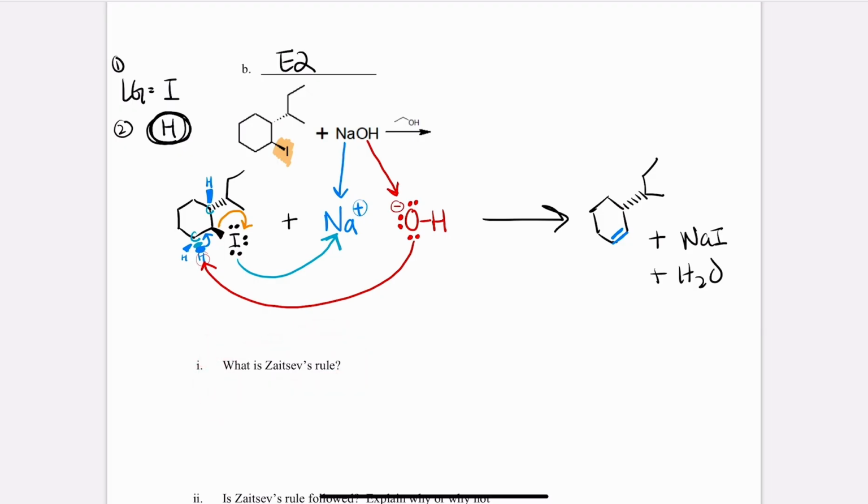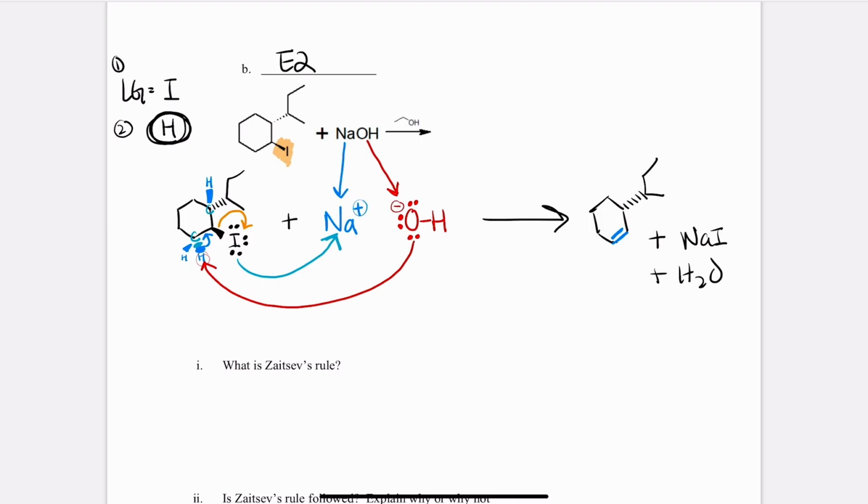Well, what Zaitsev's rule is specifically saying is that a double bond is going to form at a carbon already connected to most other things. See, this carbon's only connected to these two carbons. This carbon's connected to that, that, and that. So double bond naturally would want to be there because it's kind of held more strongly.